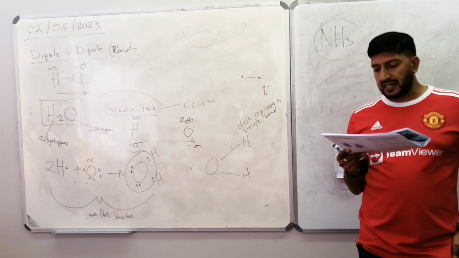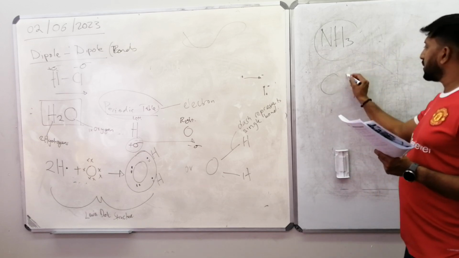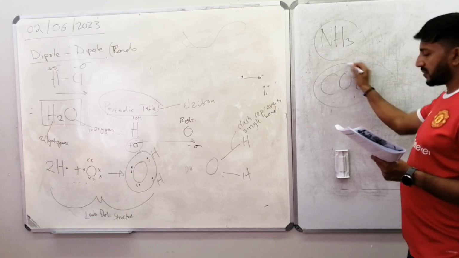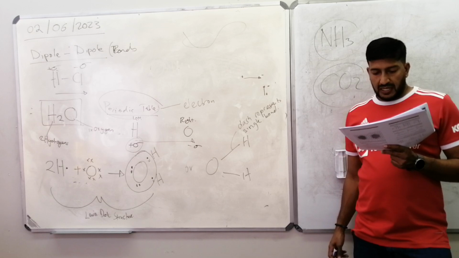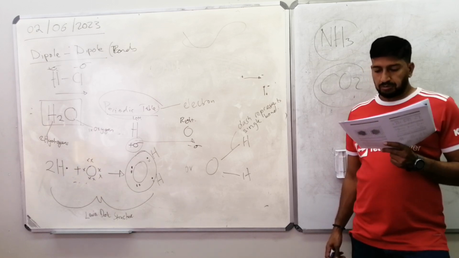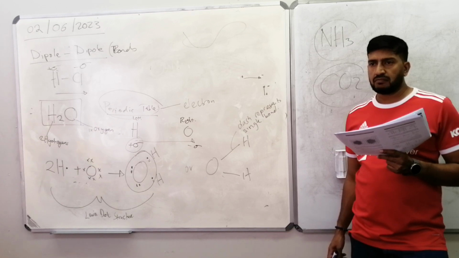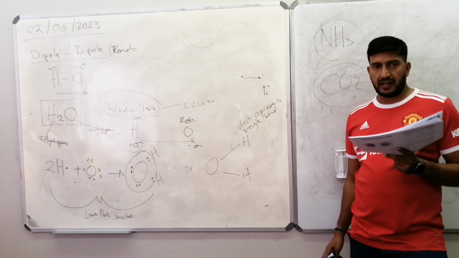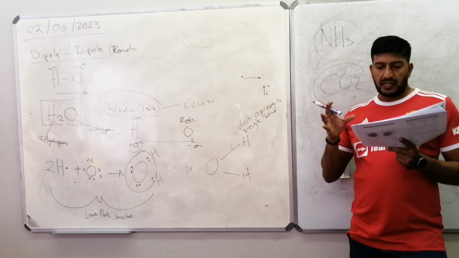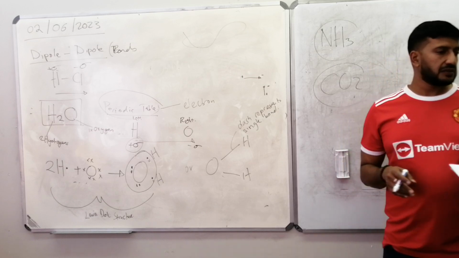Then we're looking at CO2. The next one we're looking at is CO2, carbon dioxide. In carbon dioxide, you can see what we did here. We put the C as the central atom, because remember, if you look at carbon, what group is it?